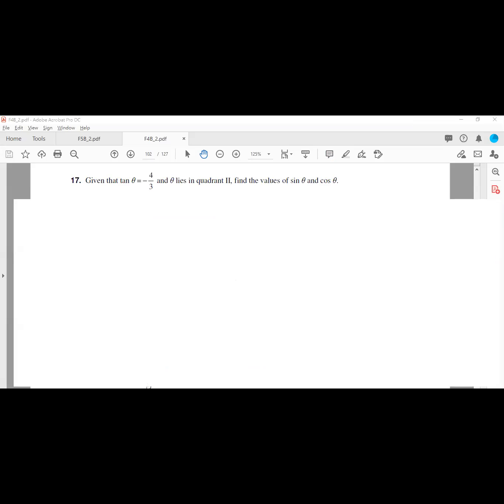Okay, let's check the answers. So this given that tangent theta is -4/3, and then theta lies in part 2. Part 2, this time it is directly given that it is in part 2, like this 1, 2, 3, 4.